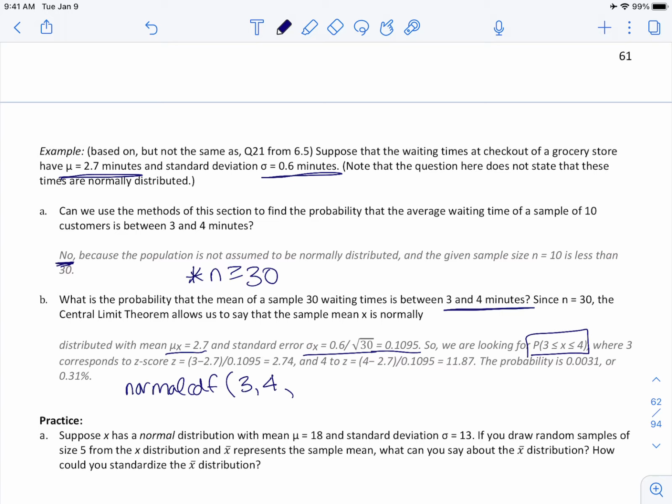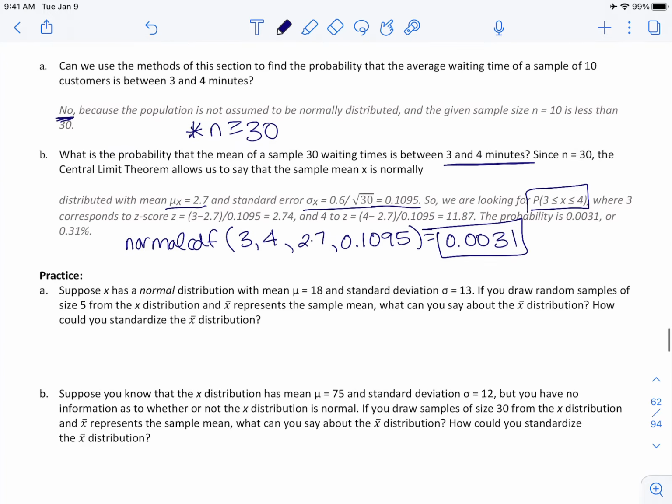Again, this is what we're finding here. Our mean is 2.7 and our new sigma x bar is going to be 0.1095, and that comes out to give us 0.0031. Same as if you use the chart.